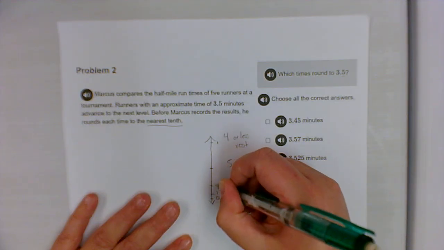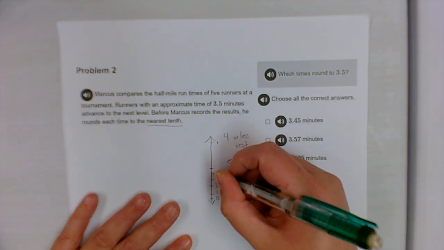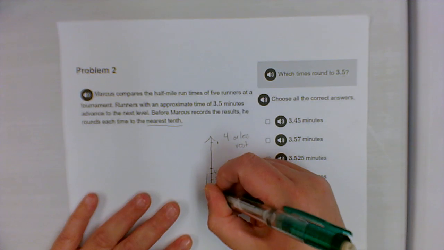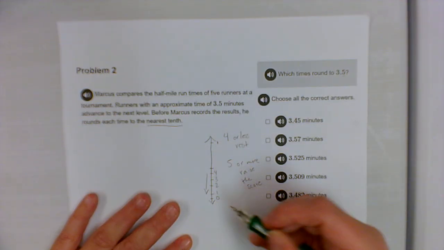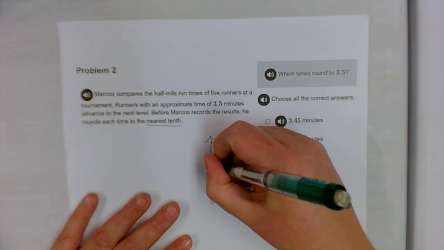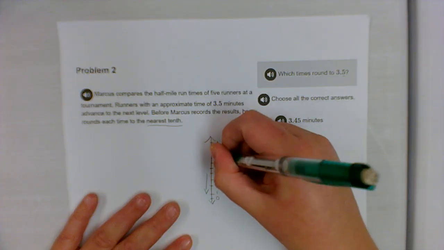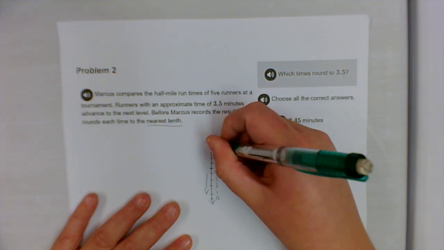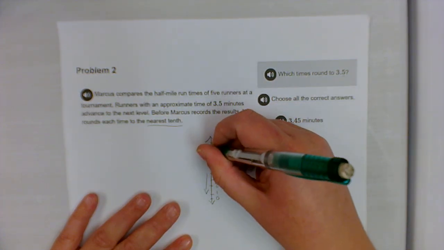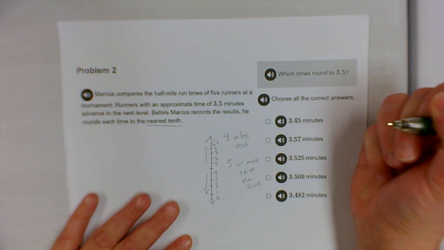So it's going to be 1, 2, 3, 4. That means that number is going to stay the same. It's going to stay at whatever place value that was there. If it's 5 or more, that means we have 5, 6, 7, 8, and even 9. That means we have to raise it up to that next place value that we're rounding to here.